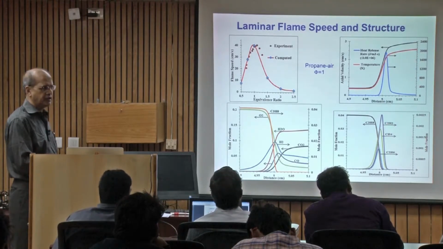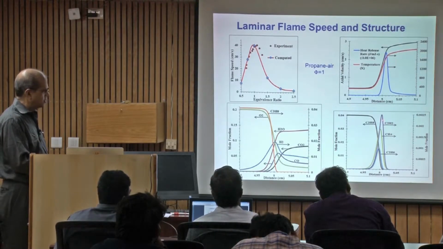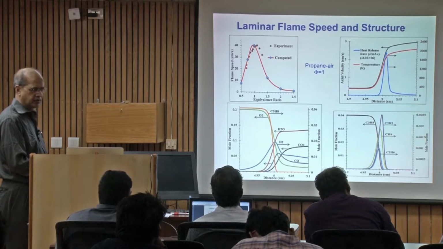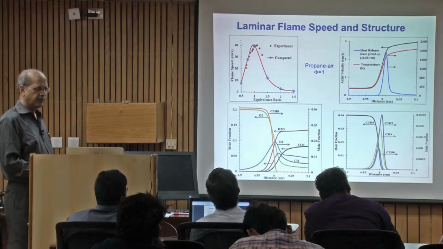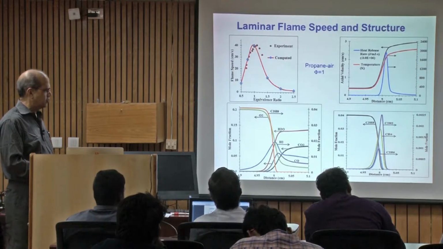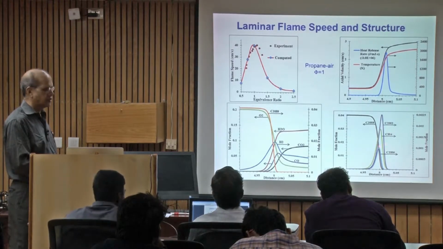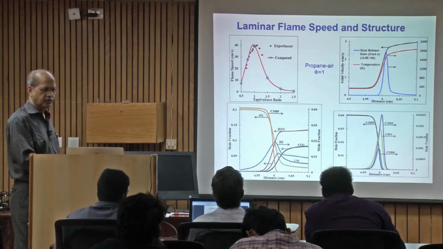These are just some of the intermediate hydrocarbons. So they are produced and then they are consumed. If you want to do more detailed analysis of the reaction mechanism, then you can look in detail at where each is produced compared to the other species.